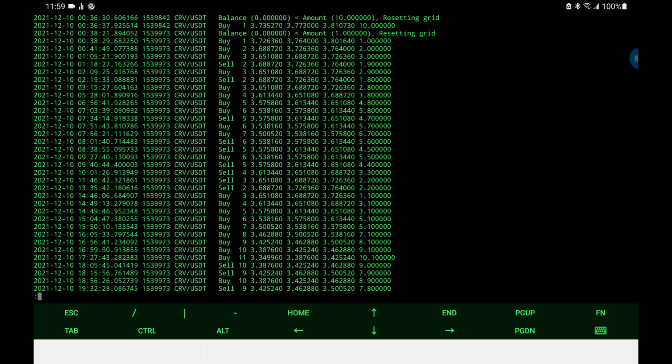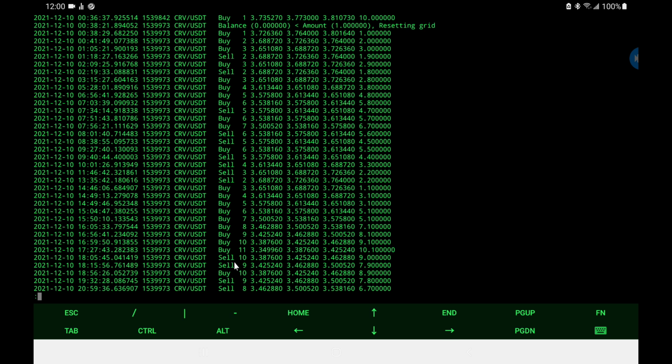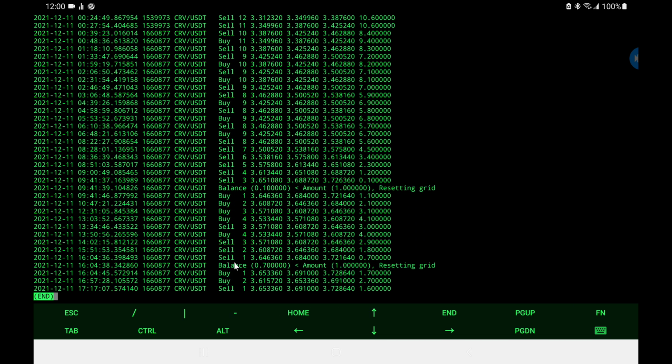Again, not a lot of money. $3, 3 pennies per sale. But through aggregation, I make up the difference. Through the back and forth, up and down, sideways motion of the market, I am profiting. Let's move through. And as you can see, the realization of that profit when the grid resets.